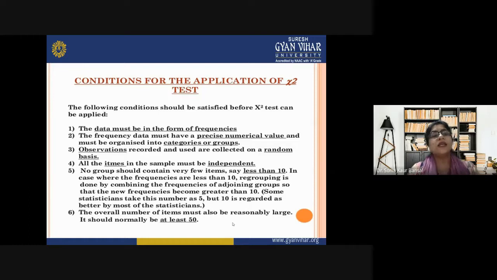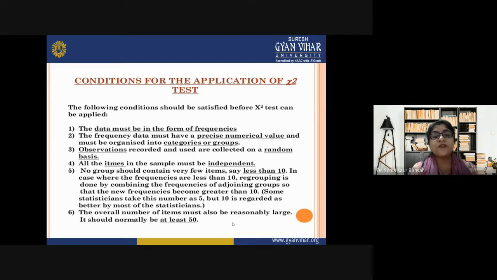Number one, data must be in the form of frequency. That is the first and foremost condition. It must be in the form of frequency. We don't want raw numerical data, we want frequencies, all right? And frequencies can be converted into numerical form. Secondly, a precise numerical value must be given to the categories or groups we have chosen earlier.